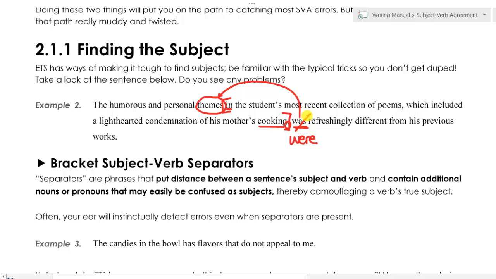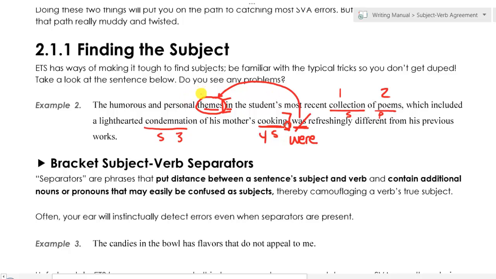And this is what ETS, the test writer, will tend to do. They will tend to include these separating phrases, these phrases that put a lot of distance between our subject and our verb. And in those phrases, notice we have 1, 2, 3, 4 nouns. One is singular, another is plural, another is singular, another is singular. So we have a bunch of nouns, some singular and some plural.